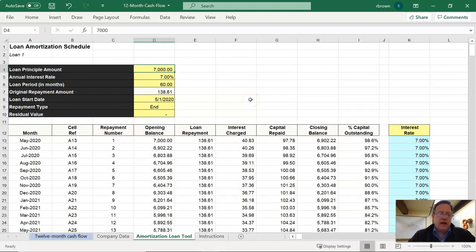So I'm going to jump over here now to the amortization tool and plug in $15,000. Maybe I'll go low.